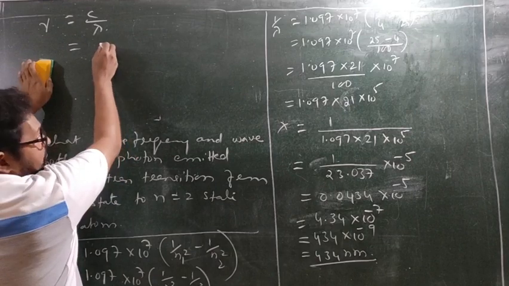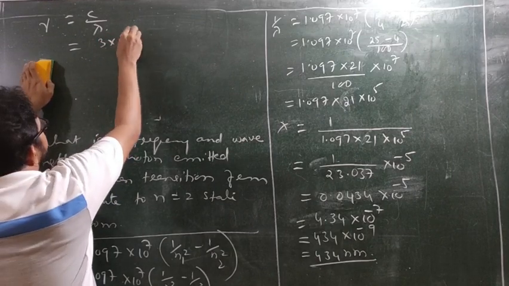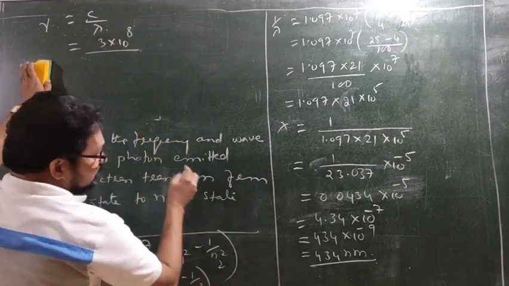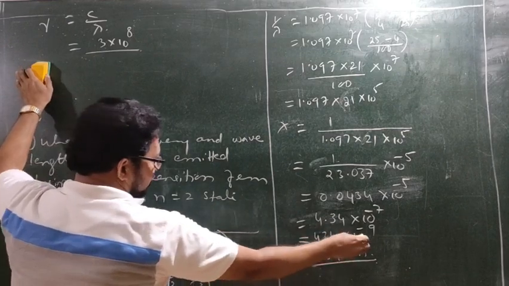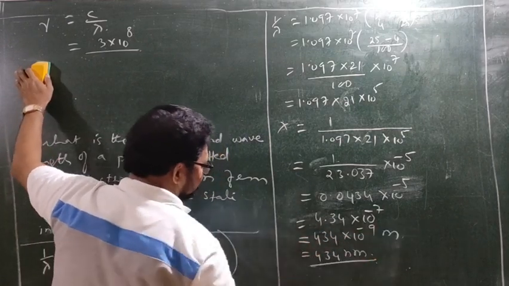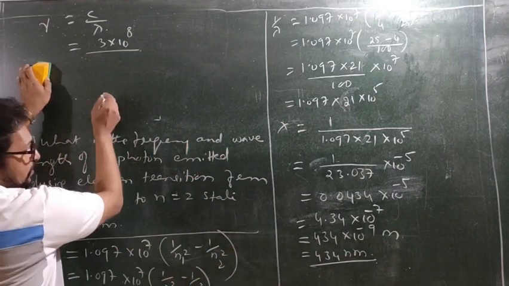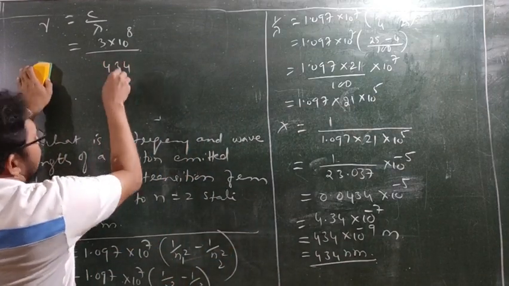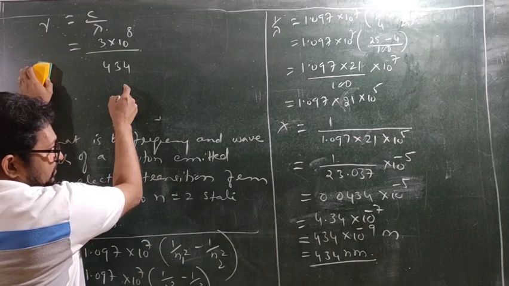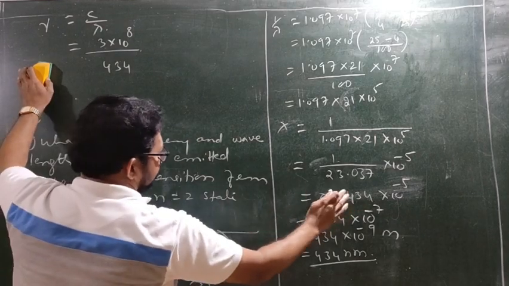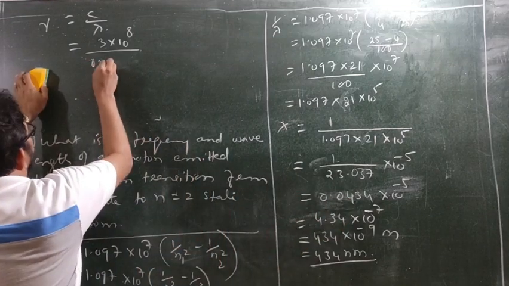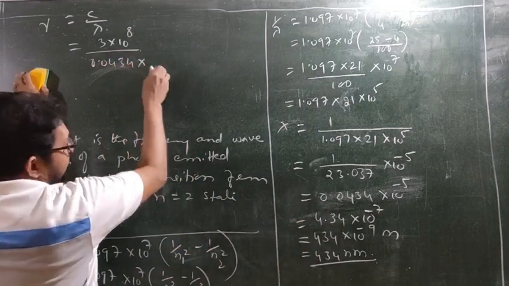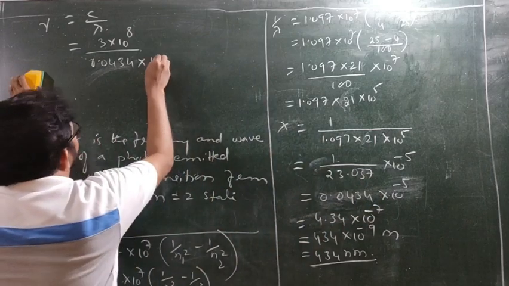What is c? 3 into 10 raised to 8 divided by the wavelength, in meters. All these things are in meters. The wavelength is 0.0434 into 10 raised to minus 5.